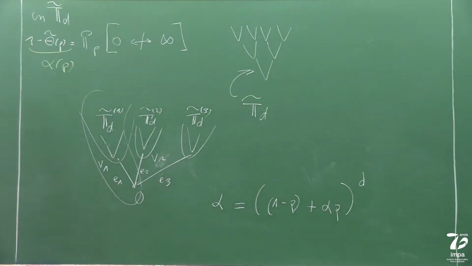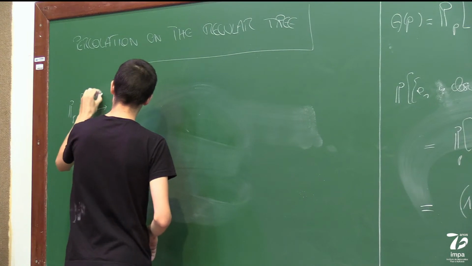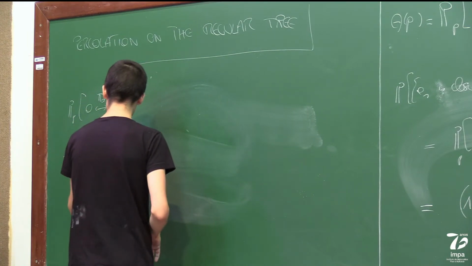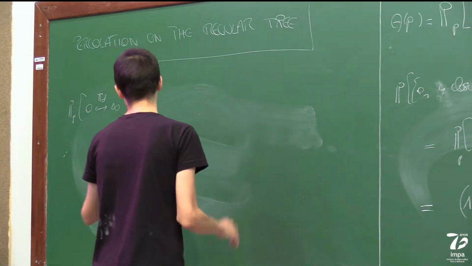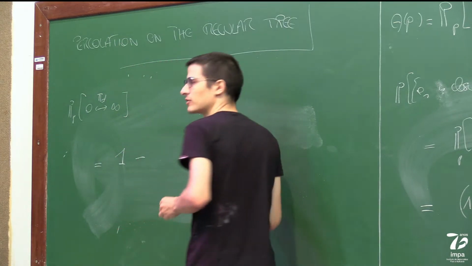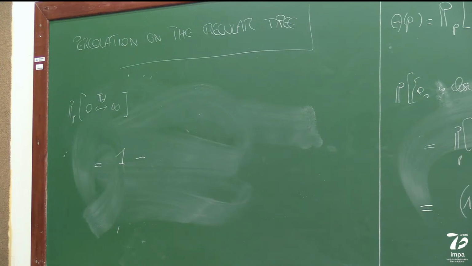Now if I look back at my original problem, which was to compute theta_p, the probability that 0 is connected to infinity in T_d, it's equal to 1 minus the probability that I'm not connected to infinity, and that is the probability that I'm not connected by any branches.